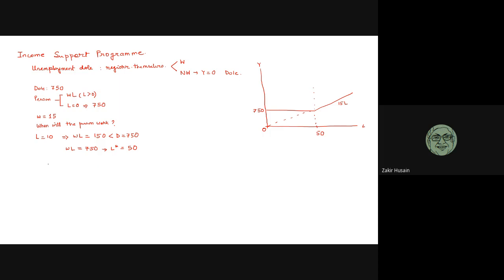Okay, so mathematically, we can write his income as 750 if L is equal to 0.